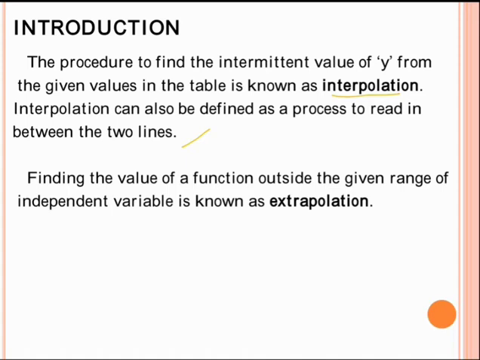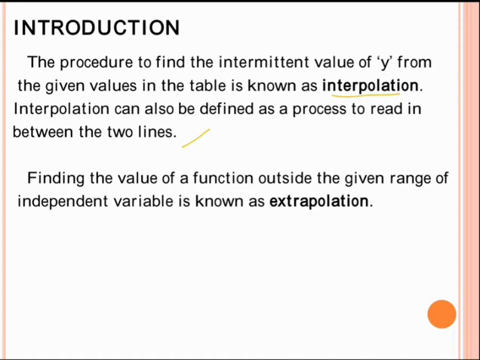If we want to find the value of any particular value from between the interval, suppose if the interval is 0, 5, 10, 15 and so on, if I want to find the value of 2 from the table, we can use the various formulas for the same.